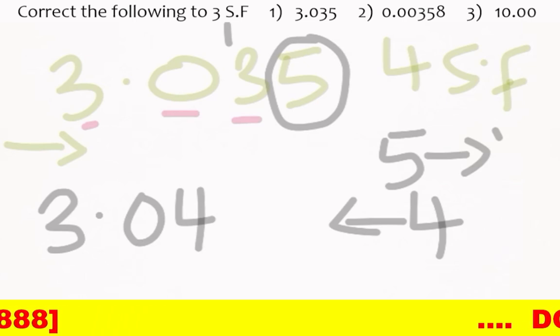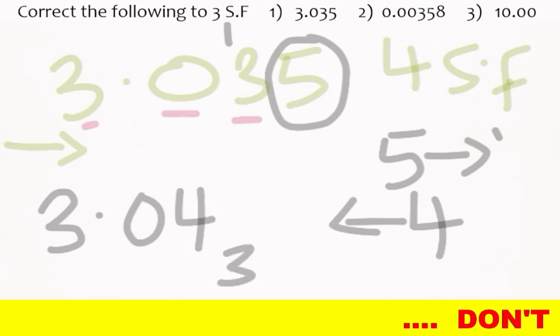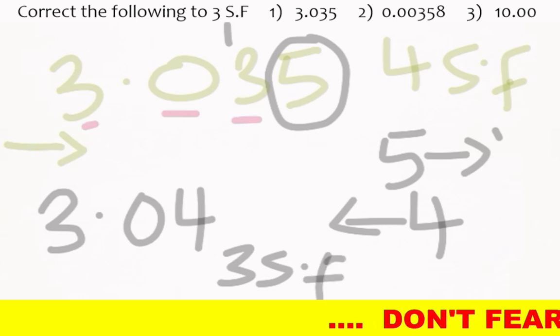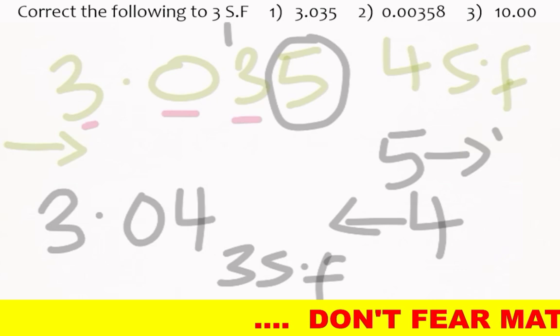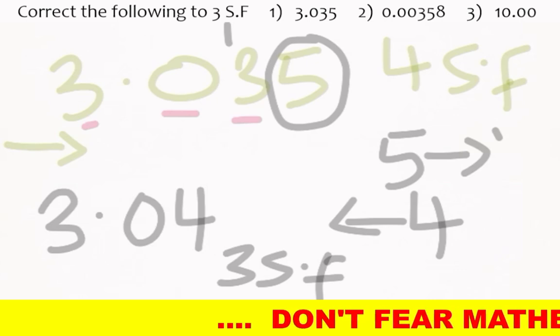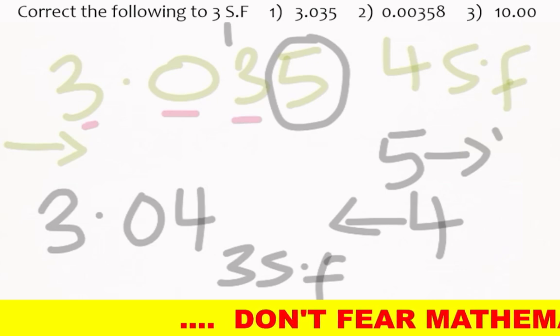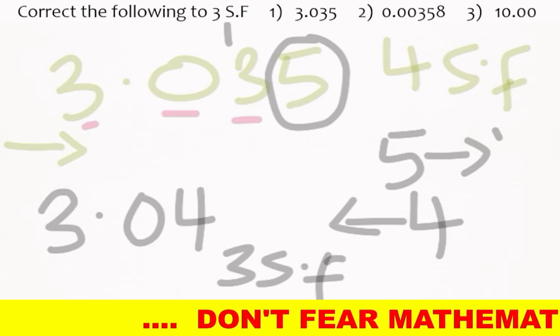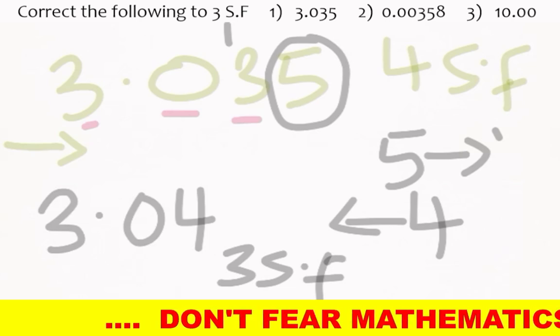So now we are having 3SF. Please, I hope it's clear. So that is to 3 significant figures.